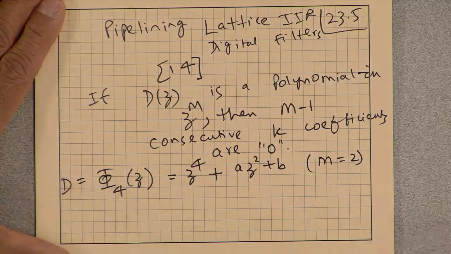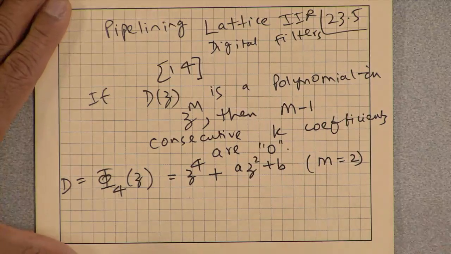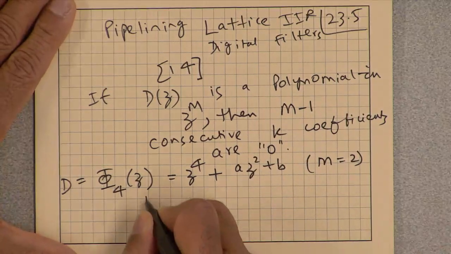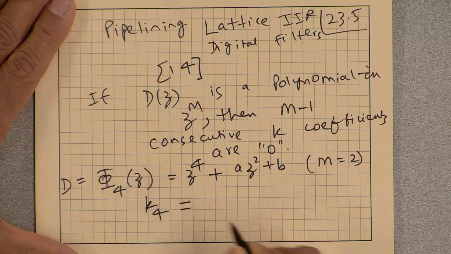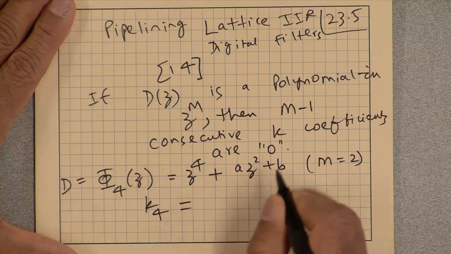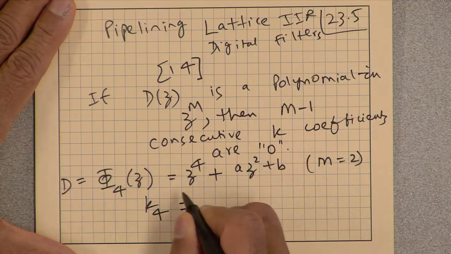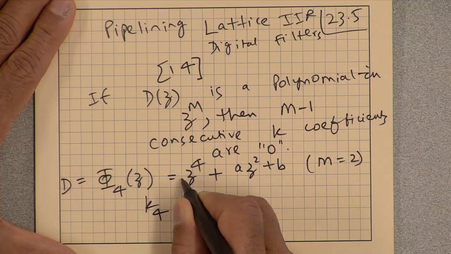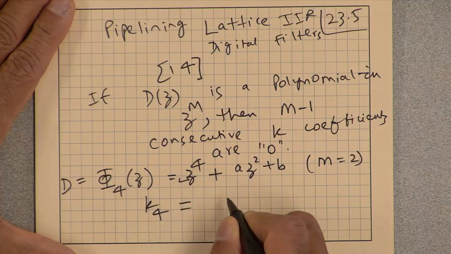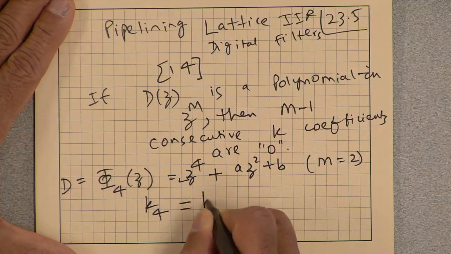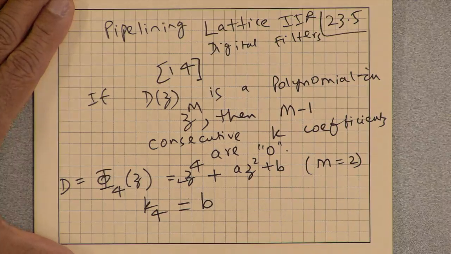If I start with that, you can see that the k parameter k4 is going to be the constant term b divided by the coefficient of the highest degree term. So that's b divided by 1, which is b.